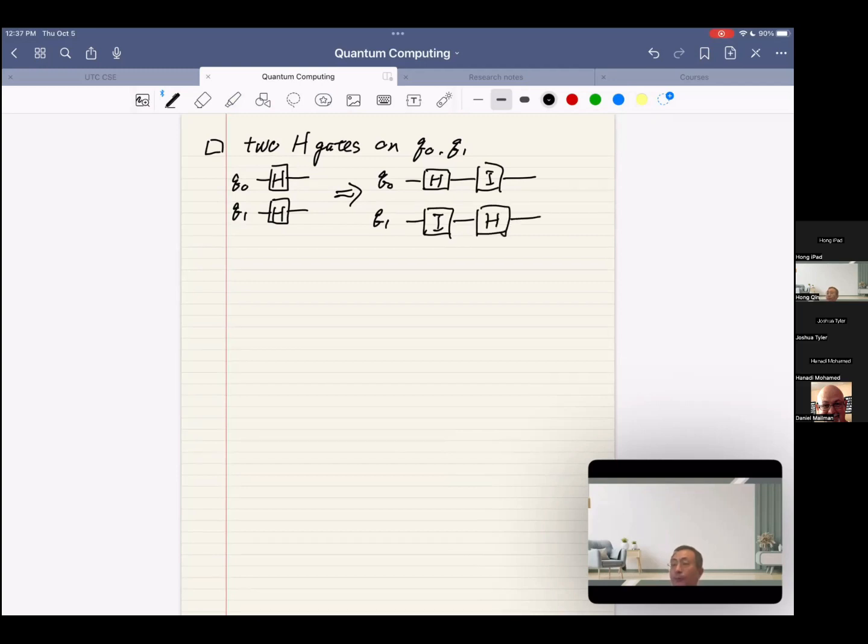So then step one will be the Hadamard gate tensor product with identity gate on the ket 00.